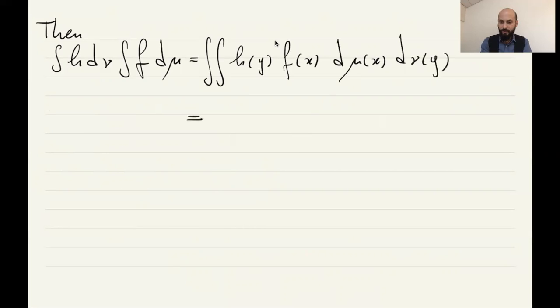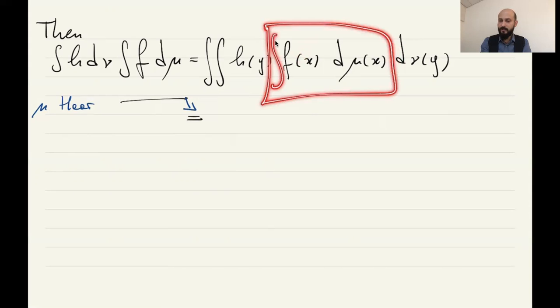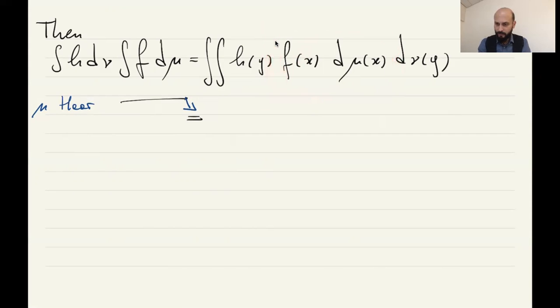Now let's use the fact that mu is a left Haar measure. So we multiply on the left here by y. Think that y is fixed, so we have this integral in x, and now we apply the left translation by y. So we get the integral of h(y) f(yx) d mu(x) d nu(y).